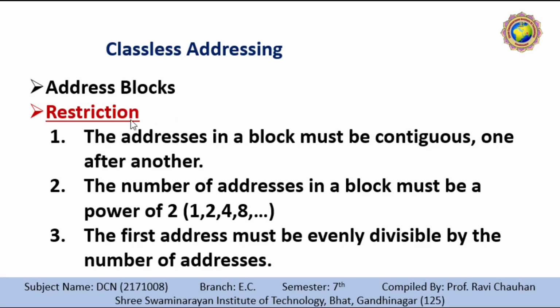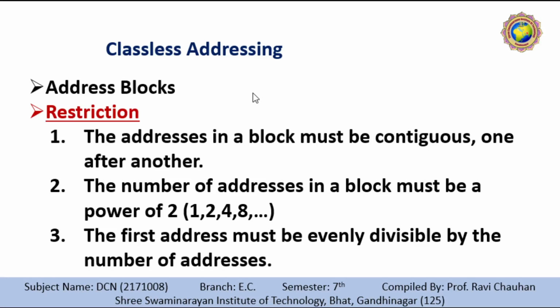So what are the address blocks? In classless addressing, when an entity, small or large, needs to be connected to the internet, it is granted a block or a range of addresses. The size of the block, or number of addresses, varies based on the nature and size of the entity.